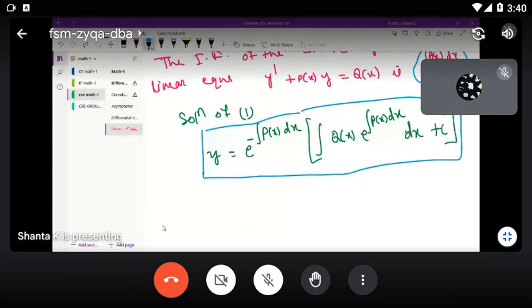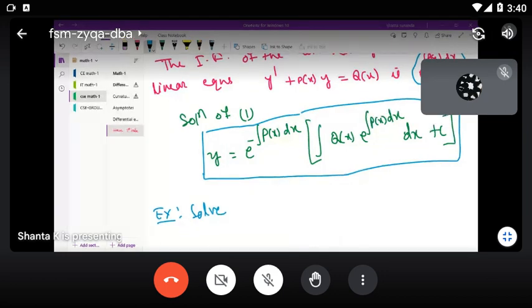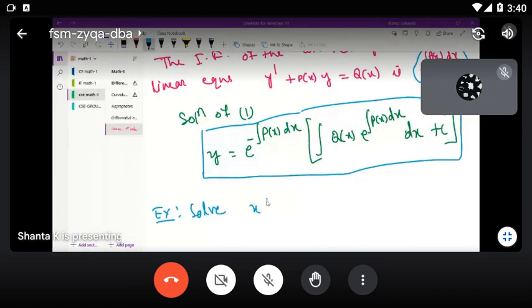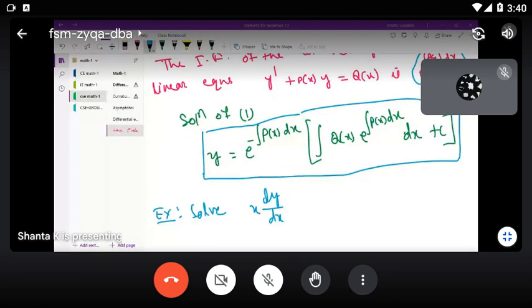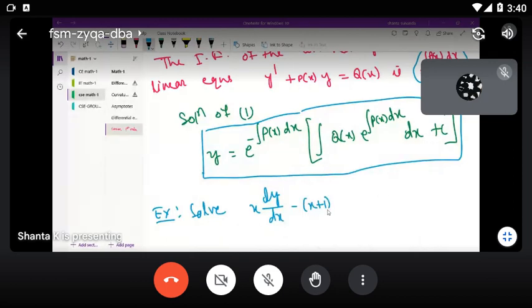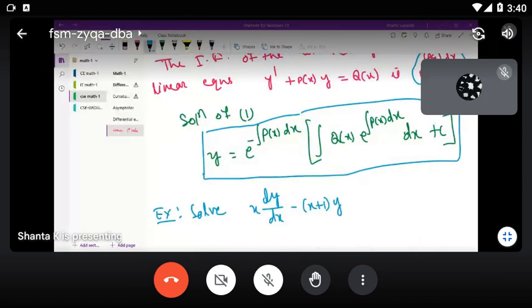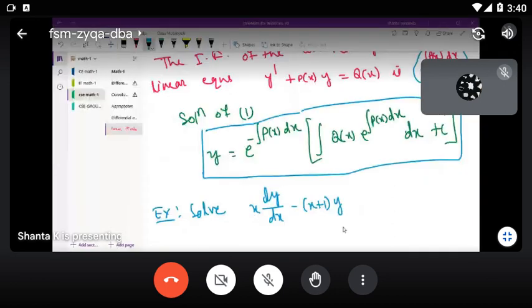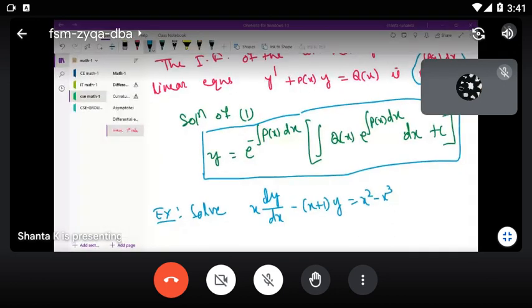x dy by dx minus (x plus 1) y equals x squared minus x cubed.